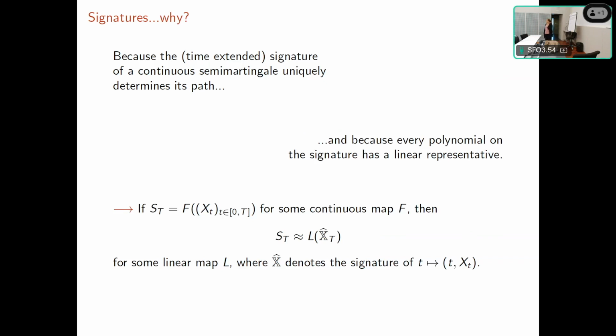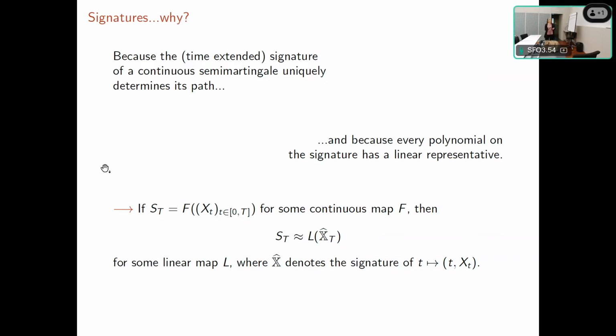If you combine these two properties, you get something very useful. Imagine that you have a quantity that depends on the whole trajectory in a continuous way. Then what can you do? You can go from the trajectory to the signature, because all the information is contained there. Then continuous maps can be approximated by polynomial ones, based on Weierstrass. Polynomials can be written as linear maps.